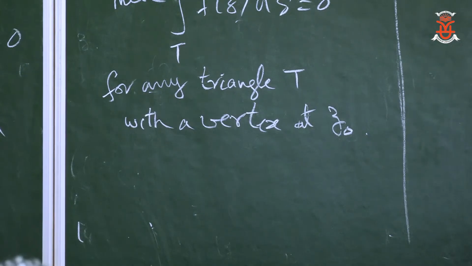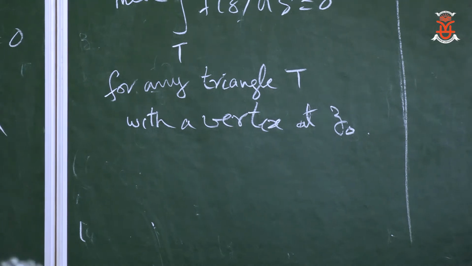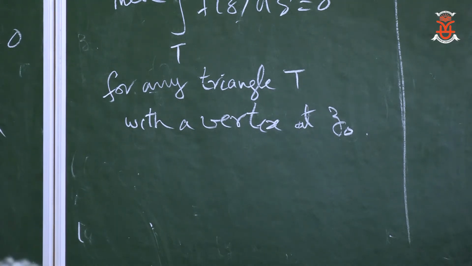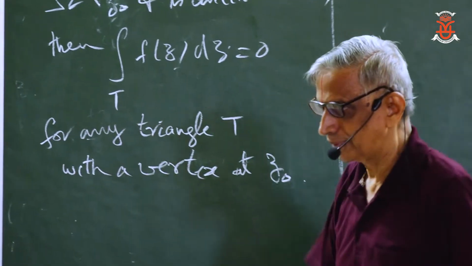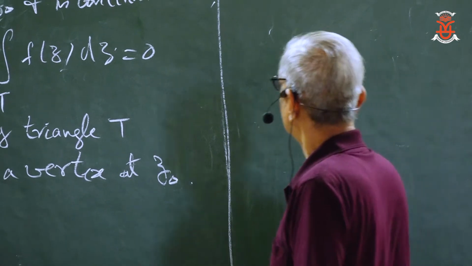See, if all the vertices lie in omega, then fine. I mean, there's nothing new. It's already there. So even if one of the vertices is at that omitted point, still the integral is 0.